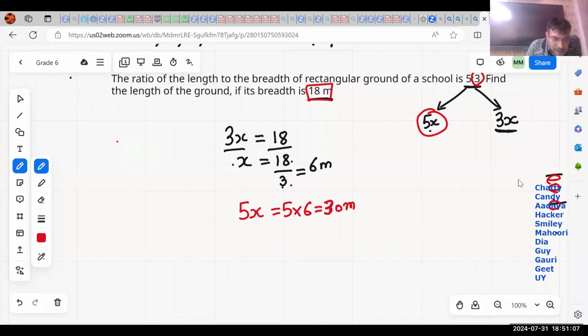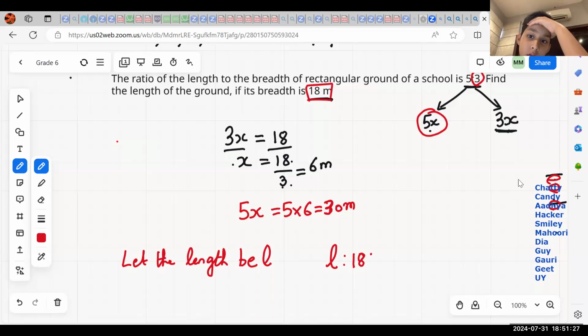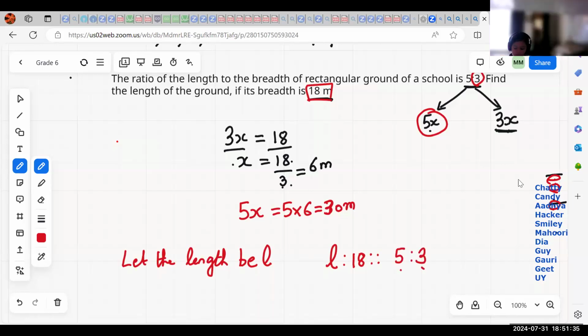So in this method, I will assume let the length be L. Now what will happen? Length is to breadth, what is the breadth? 18. This should be in proportion to 5 is to 3.